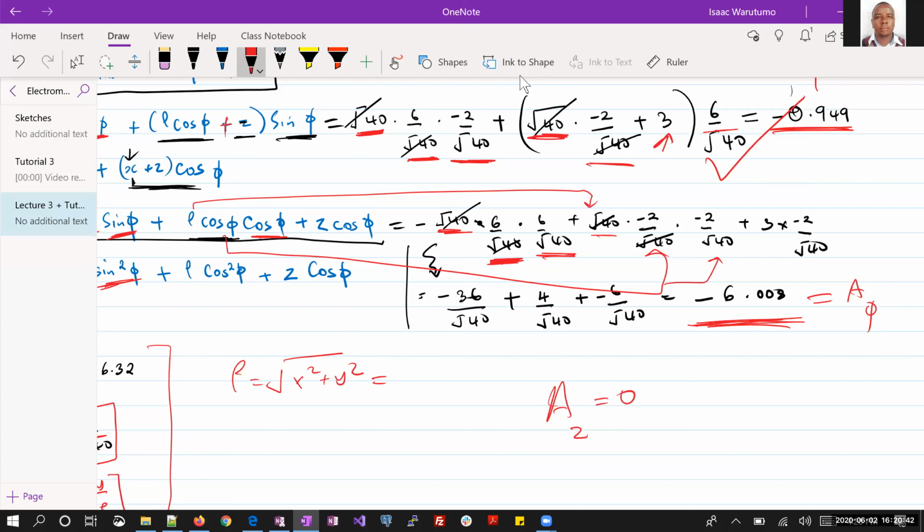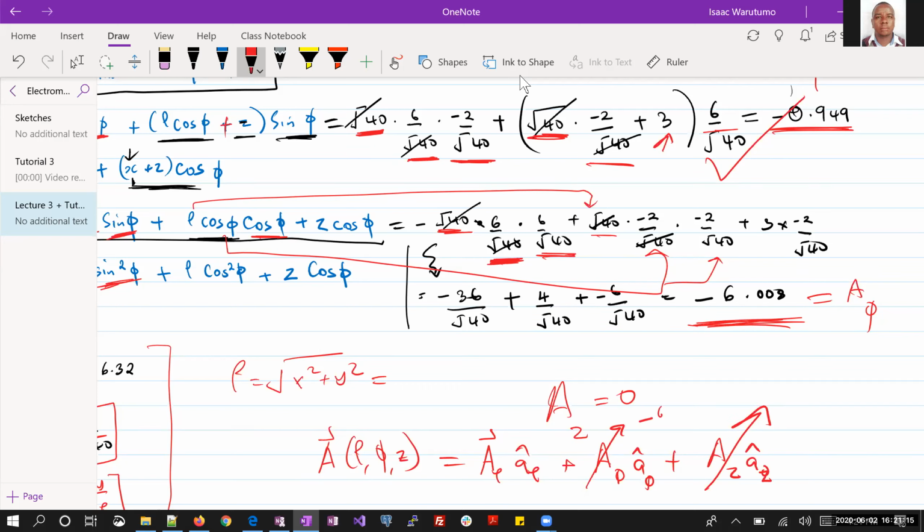So remember the question was to express A in terms of rho, phi, and Z. And we say that this is going to become A rho, a rho cap, plus A phi cap, plus AZ cap. So this we have already found to be 0. This we have found to be minus 6.008.